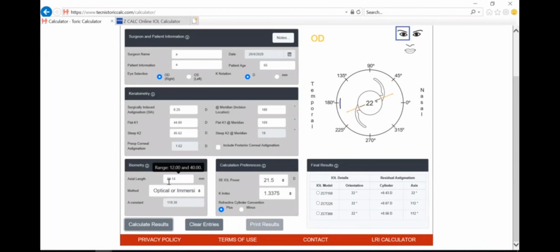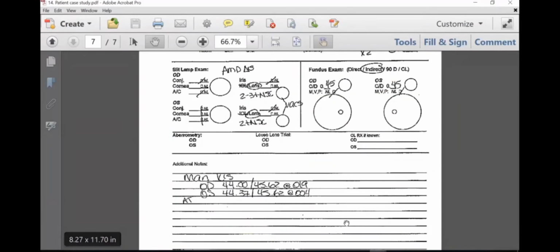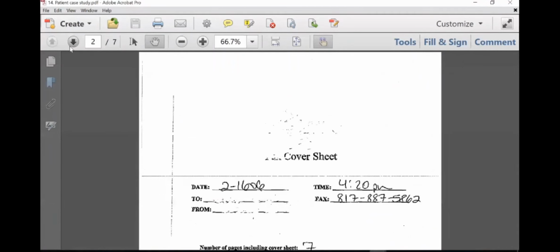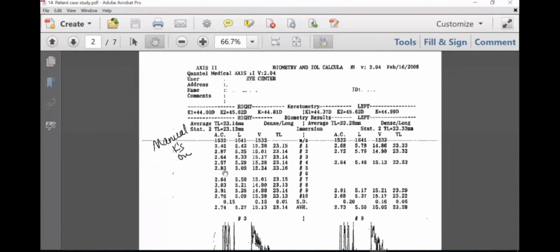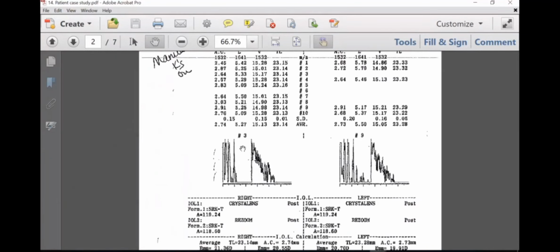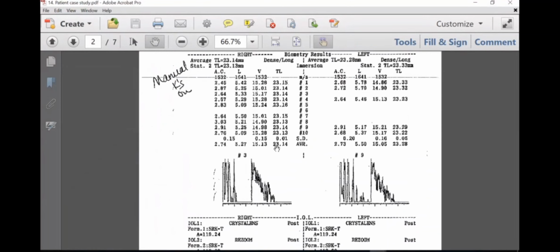You need to put in the axial length as well, indicated over here. I'm taking the immersion method of our biometry, using the axial length of 23.14 millimeters.